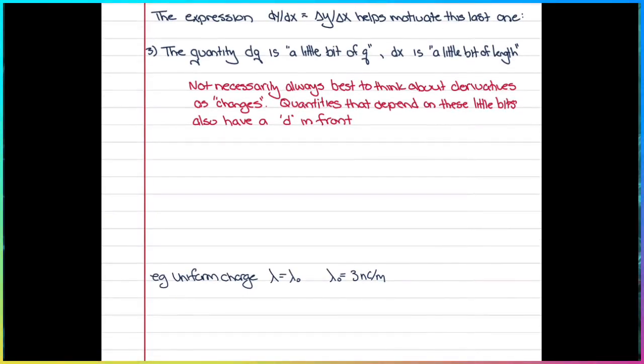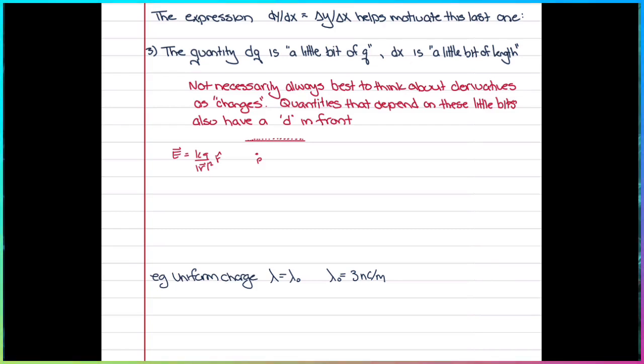And that may make it a little bit easier when you have to deal with quantities that depend on these little dq, on these deltas. So for example, I'll write this in red as well. If the electric field of a charge is kq over r squared, r hat, then if I have, say, a rod, and there's some point I'm curious about, the electric field is going to be the contribution from all the charges along this rod.